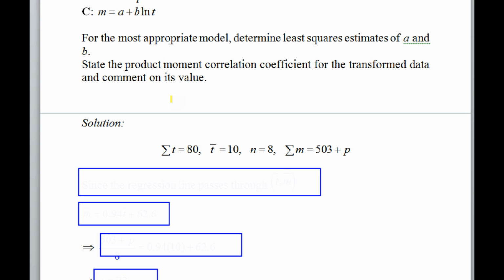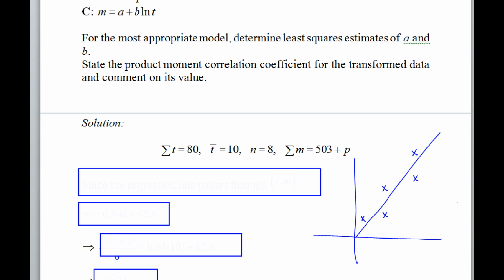Can I draw a sketch before I explain the solution? You have found the regression line.